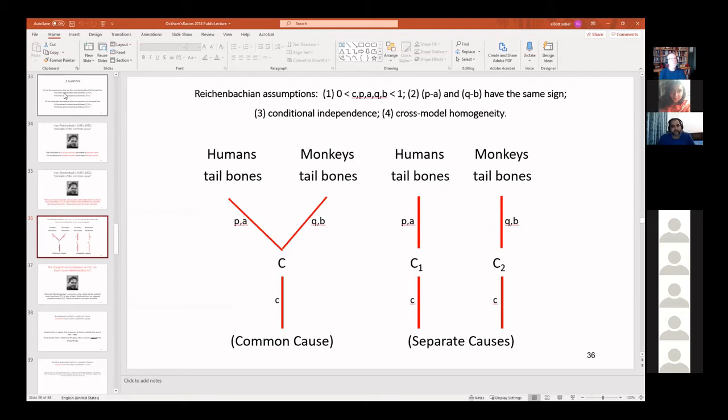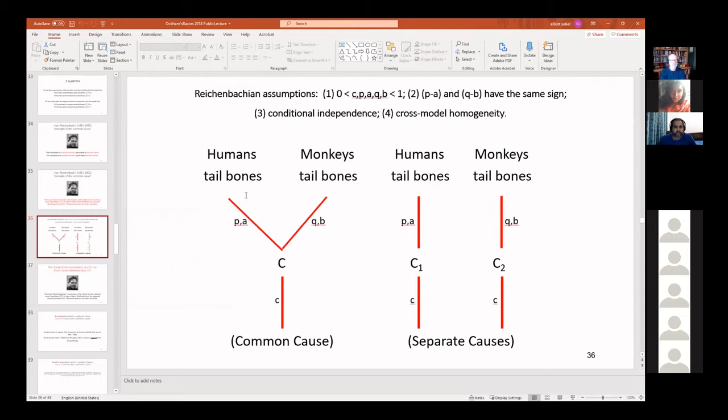So the first assumption, let me get my cursor out here. Branches are not 0 and not 1, but they're somewhere in between. Let's remember what these letters mean. P is the probability that human beings will have a tailbone if this ancestor had a tailbone.